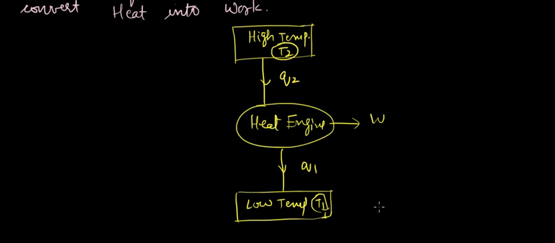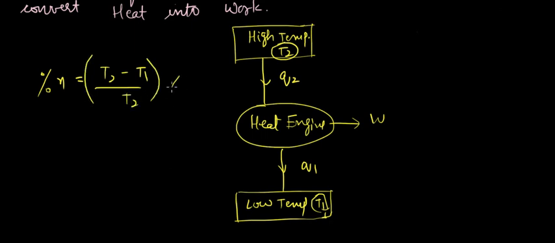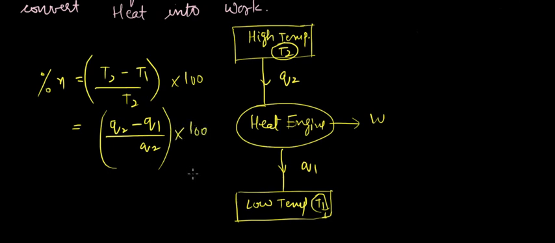So the percentage efficiency of the Carnot engine, or the heat engine, would be T2 minus T1 divided by T2 times 100, and that should be equal to Q2 minus Q1 divided by Q2 into 100. And efficiency would be between 0 and 1.